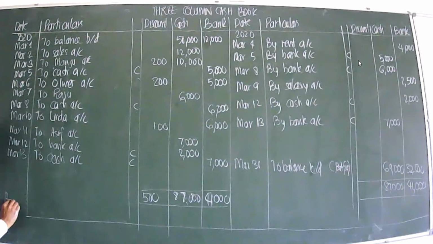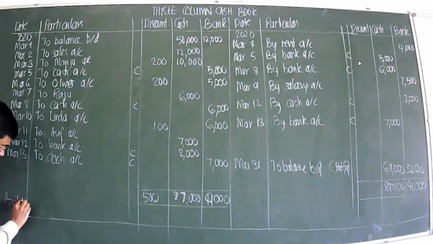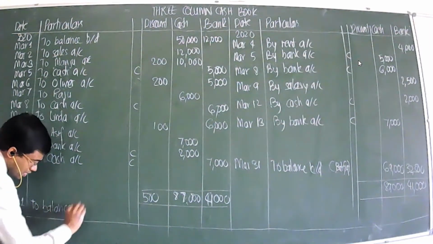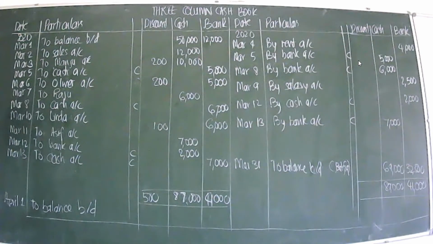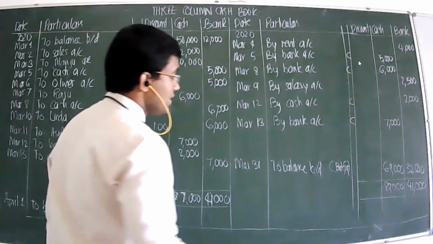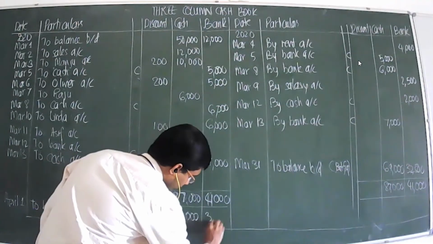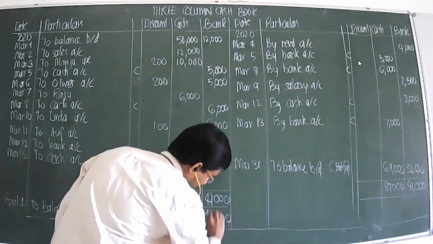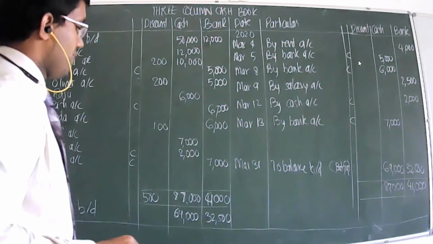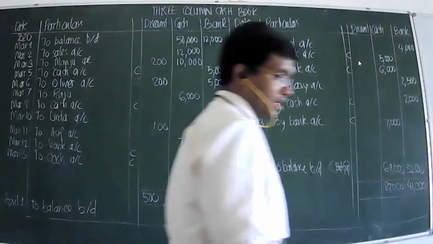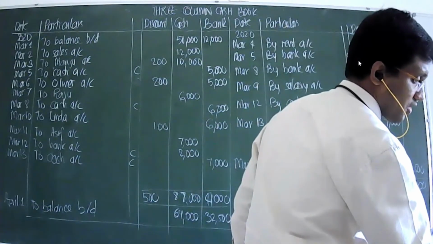And then April 1st, it will be to balance brought down, and the balance brought down is 69,000 and 32,500. So this is the 3-column cash book entries, and this is also how we go about passing check transactions.